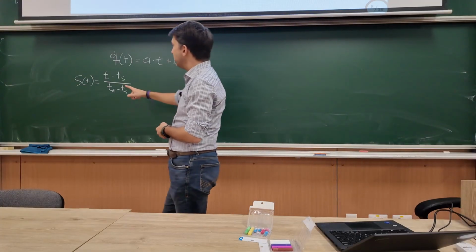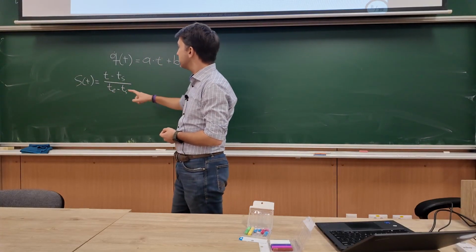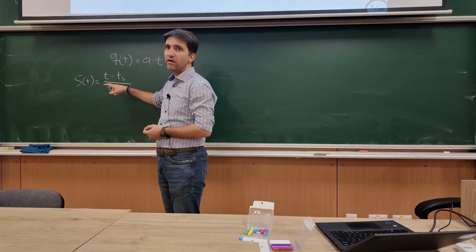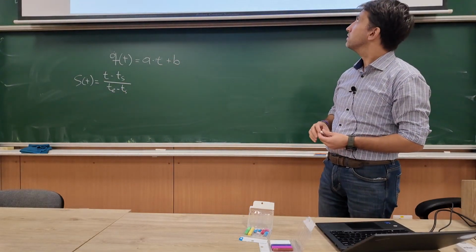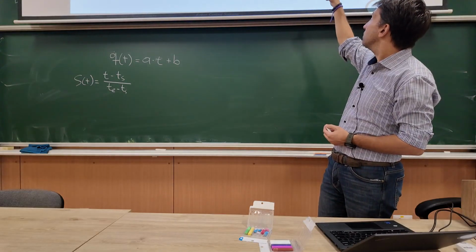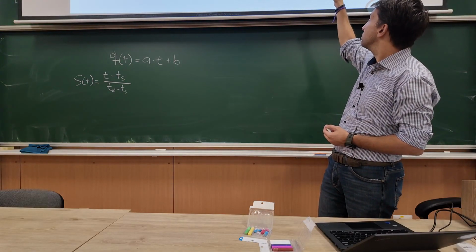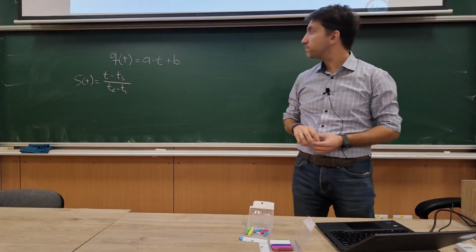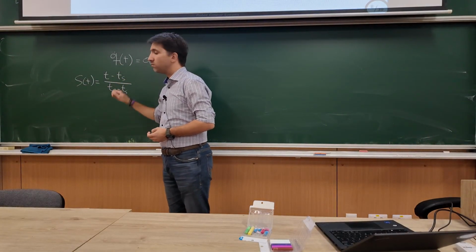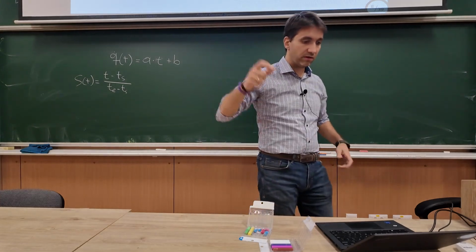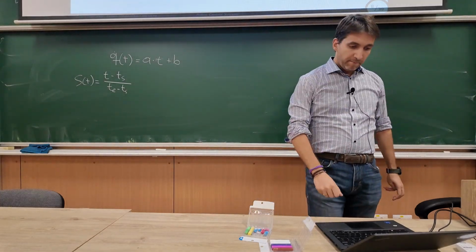When T goes from T start to T end, S goes from 0 to 1. At T_S this will be 0, at T_E this will be 1, and it's a line as well.